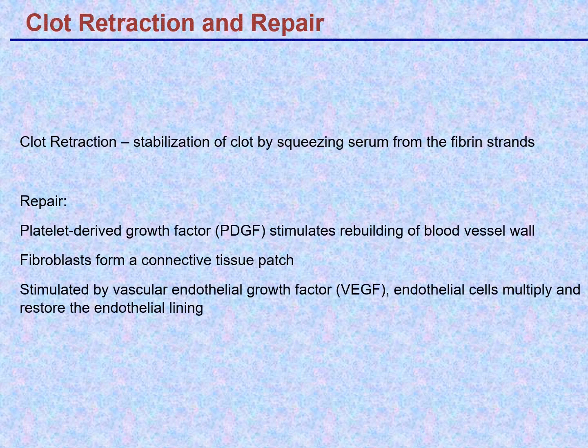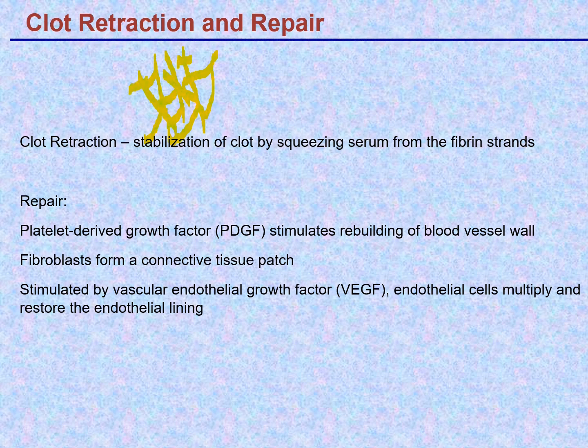Now, whenever you get a clot forming and the clot gets cross-linked, you have prothrombin activator activating prothrombin to thrombin, and thrombin activating fibrinogen to fibrin. You get these fibrin strands that form a long meshwork, and that gets cross-linked because of the action of factor VIII.